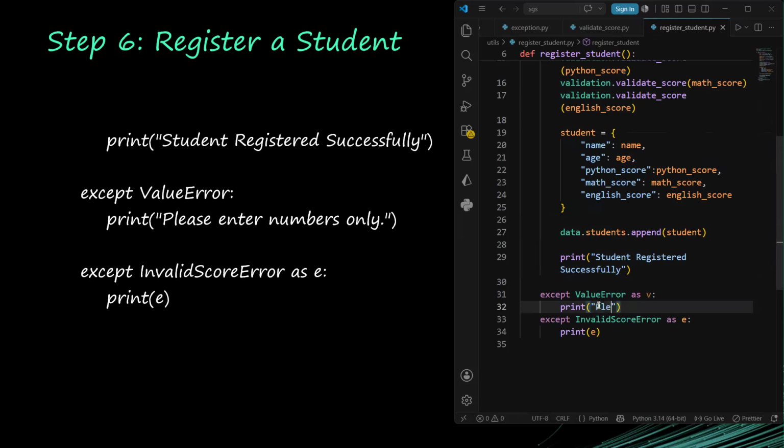We'll tell the user, please enter numbers only. Okay, and then here, we could just print the E. So there will be no need for this as V. Okay, so we are good here.